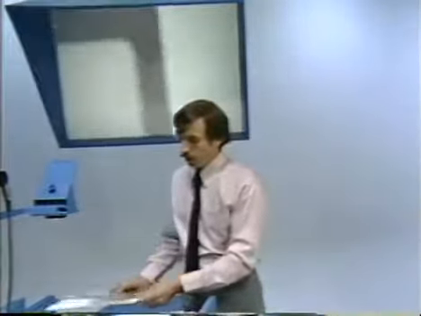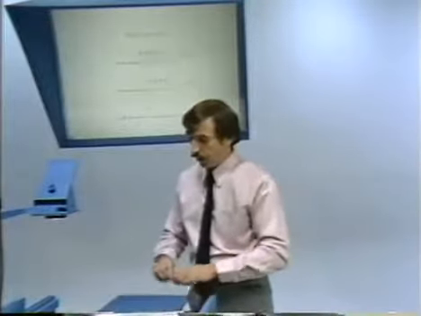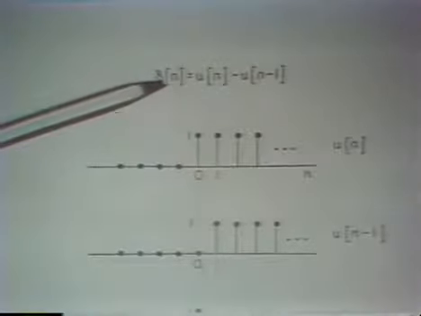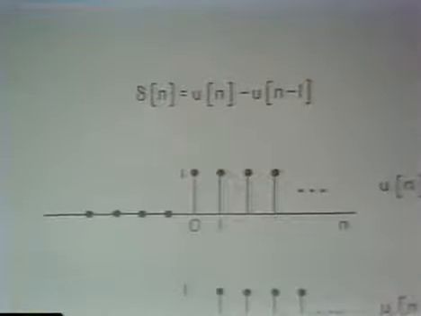Specifically, the unit impulse can be related to the unit step through the relationship that I've indicated here, delta of n, the unit impulse, equal to a unit step minus the unit step delayed.